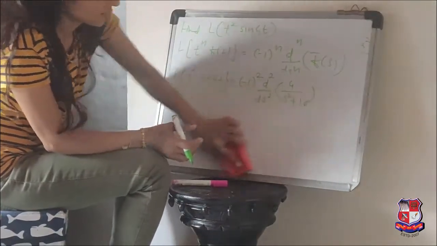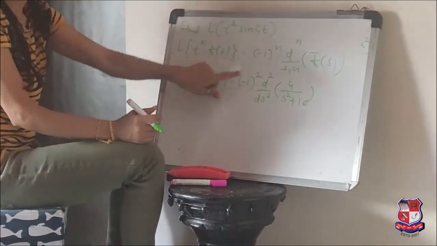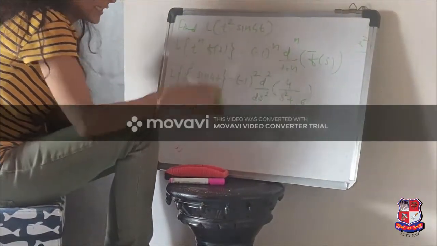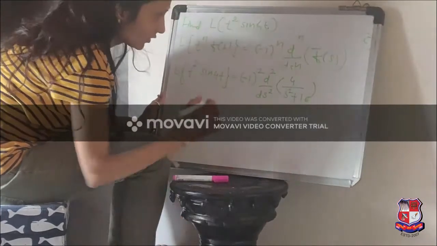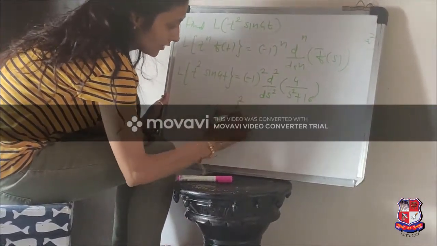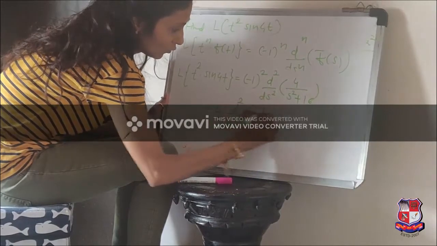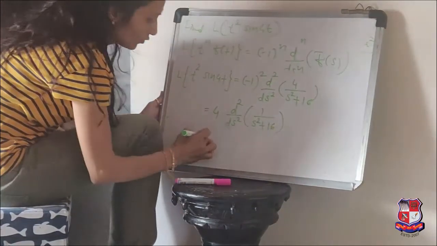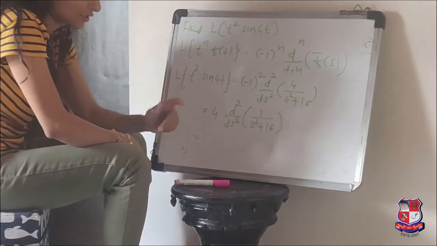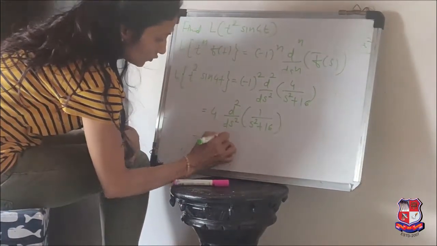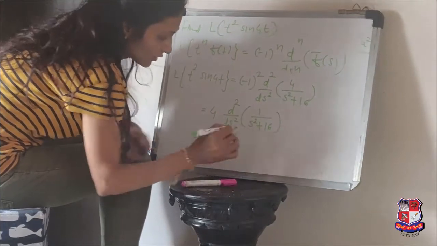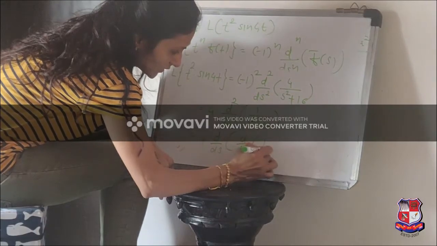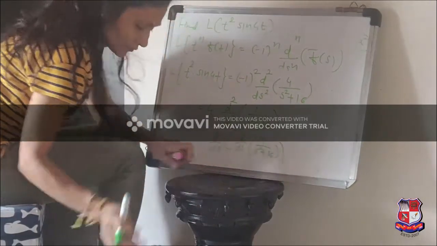Now we know that 2 is an even number, so minus 1 square is 1. 4 is a constant, therefore we can take it outside the derivative: 4 d square upon ds square of 1 over s square plus 16. Now we take the derivative twice. First of all, we take the single derivative, d by ds of 1 upon s square plus 16.